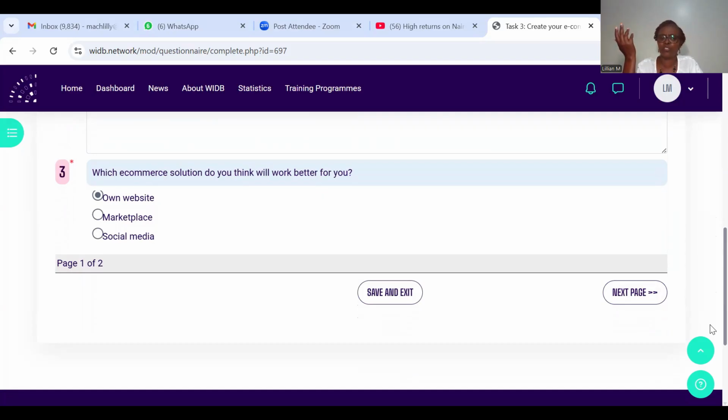Where would you want your business to be? Would you want to have a website that is working for you where customers can come and browse? Or would you want your things to be listed in Jumia or Soko? Or if you deal with foods, you're with Glovo or Uber Eats, etc. Which solution will work best for you?